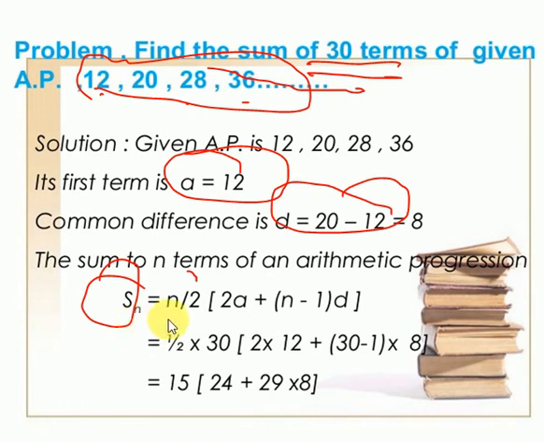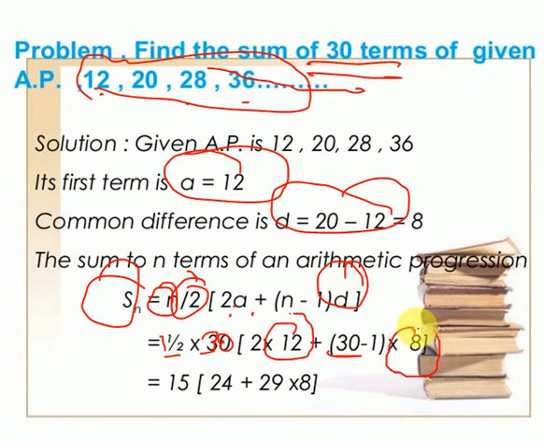How much is our n? We know it is 30. So instead of n I will write 30, and 1/2. Okay, 2 into a is 12, right? And n is 30, so (30 − 1) into d is 8, right? Now after cutting we will get 15 here, and 2 into 12 is 24, then plus 29 times 8.